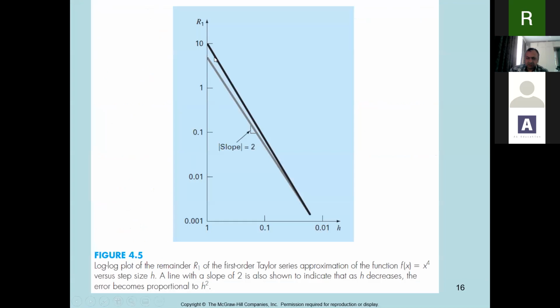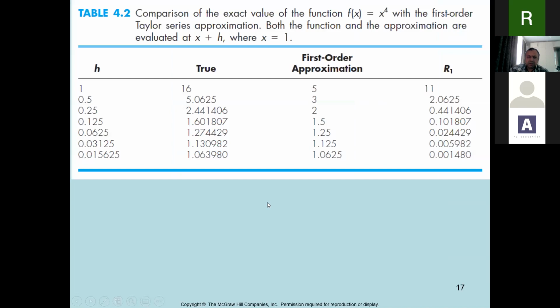So this is the illustration on the log plot. On the log plot, the second order terms will be straight lines. So this is how you can represent this as well.